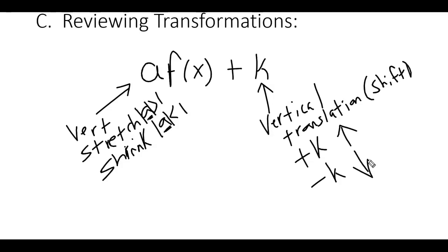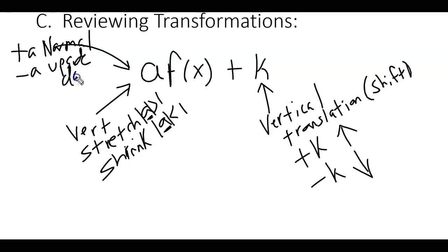Another thing to pay attention to is whether a is positive or negative. If you have a positive a, it's normal. We'll just say it goes the normal direction. But if it's a negative a, it's upside down. It's a reflection. So that's just a quick review of some transformations that we talked about.